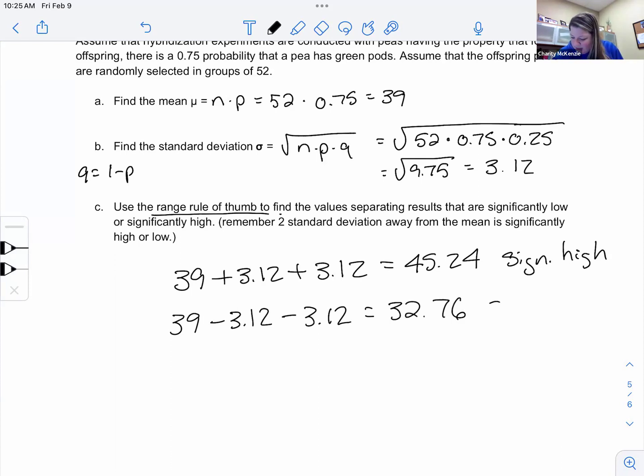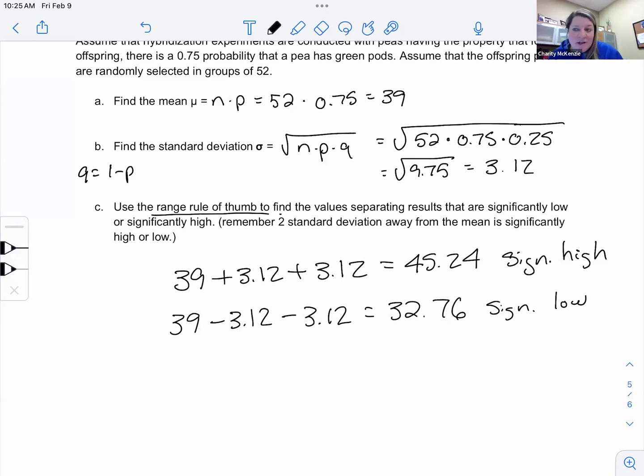So this is going to be our significantly low. Anything below that is going to be very low, according to this experiment with the probability given, right? So you can see what's going to be significantly high and significantly low.